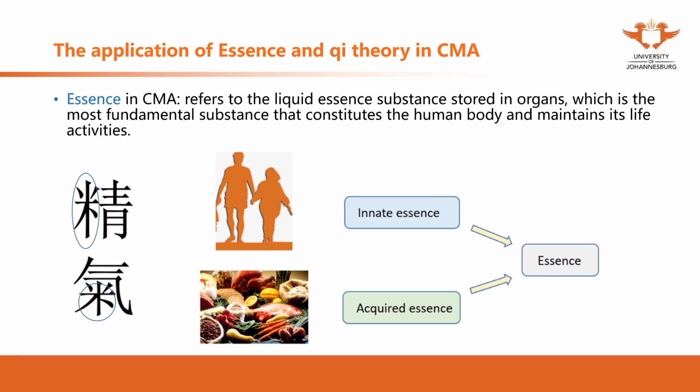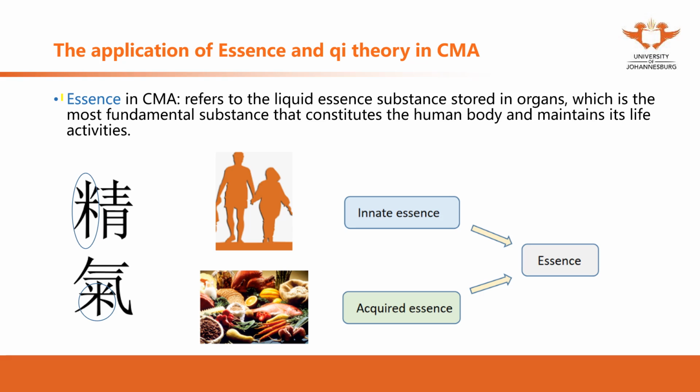Here we gave a very brief introduction of the essence and qi in the philosophical field. Now we're going to focus on the essence and qi in Chinese medicine and acupuncture. The essence and qi in Chinese medicine are slightly different from the definition in philosophy.